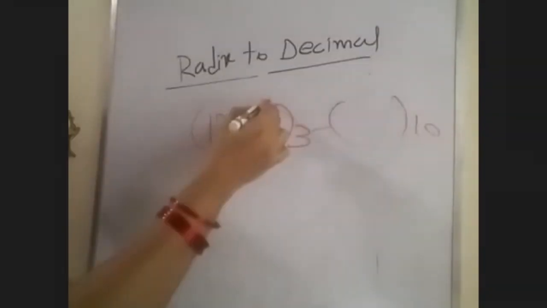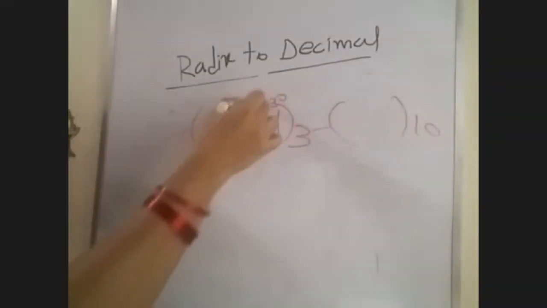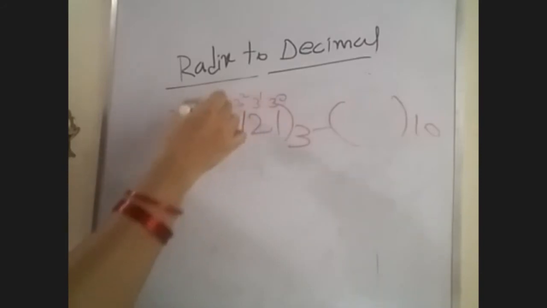Here 3 power 0, 3 power 1, 3 power 2, 3 power 3, 3 power 4.